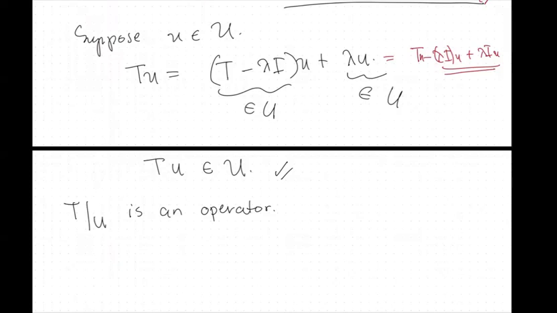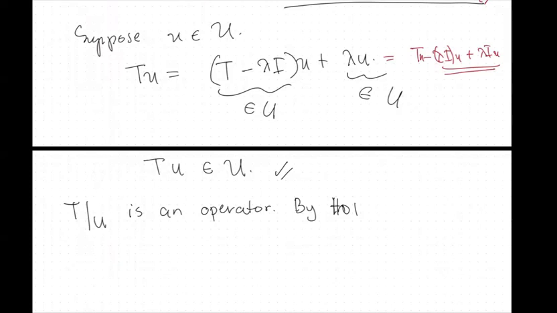Because of our induction hypothesis, what's the hypothesis of induction? We have an upper triangular matrix. If we get an upper triangular matrix, we will use the previous result.